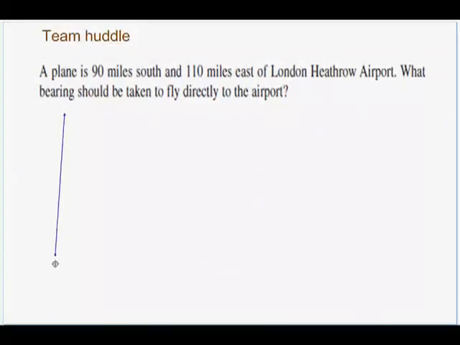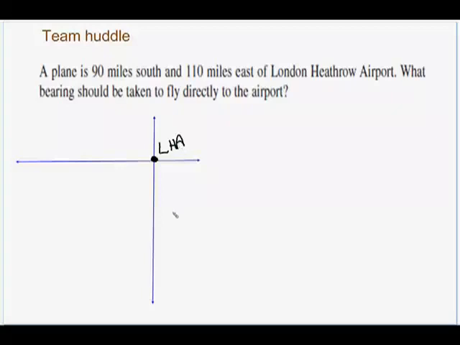Okay, let's see here. We got a plane that is 90 miles south and 110 miles east of London Heathrow Airport. What bearing should it take to fly directly to the airport? So we're 90 miles south. If this is our airport, London Heathrow Airport, we are 90 miles south, 110 miles east. So I should have put this over here.